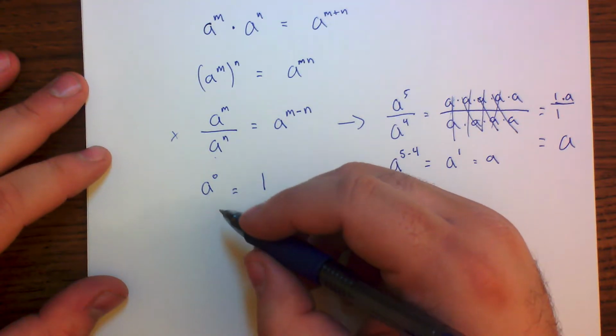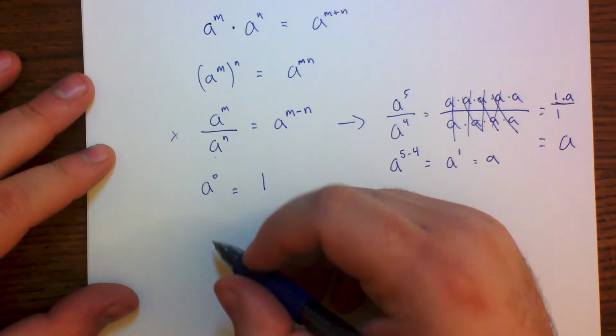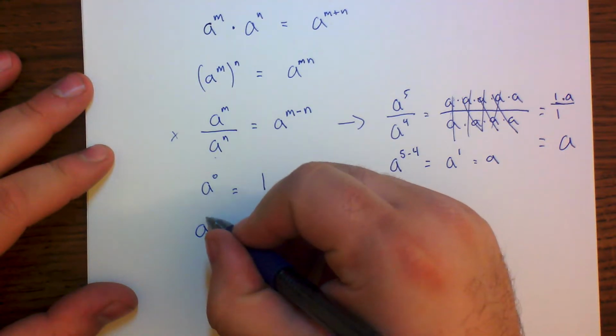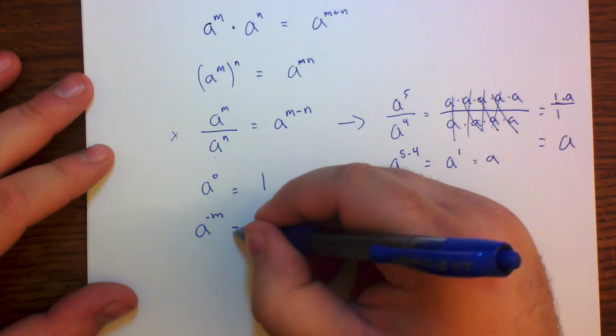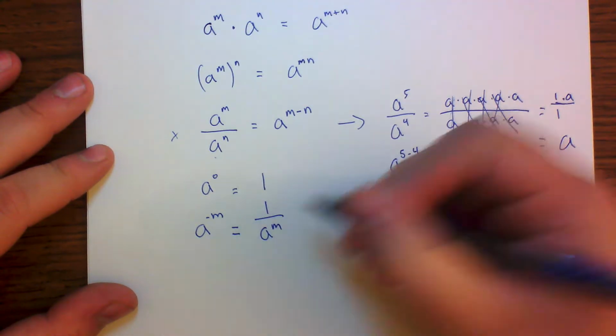There are two final rules, and these deal with negative exponents. Let's say we have a raised to a negative m power. That equals 1 over a to the m.